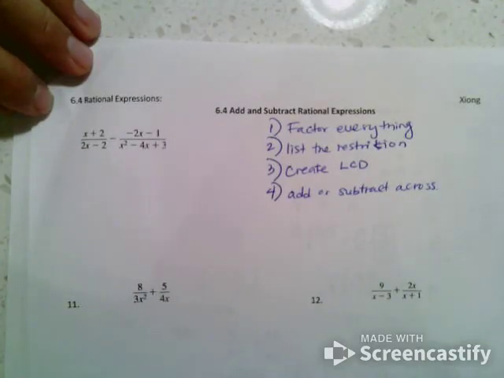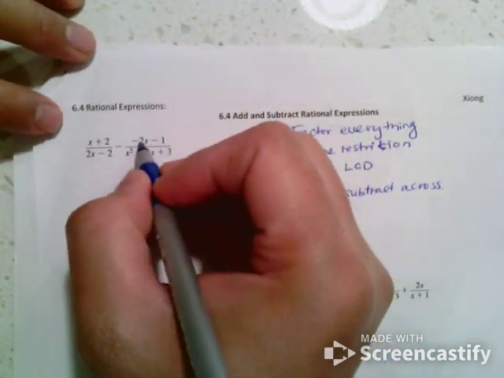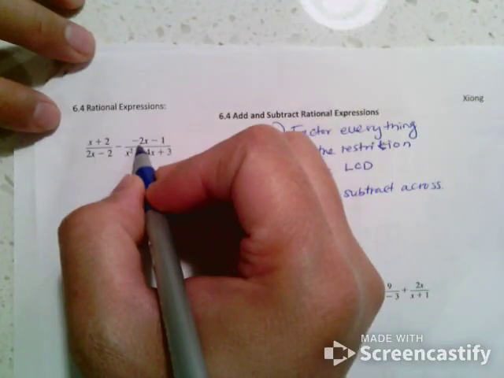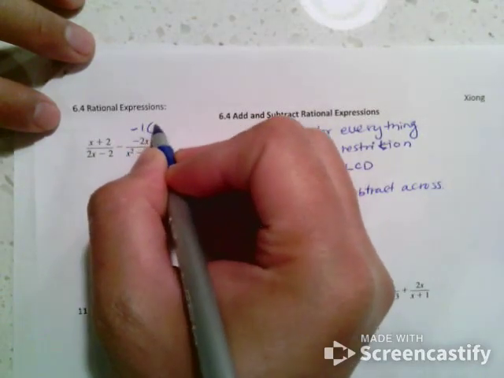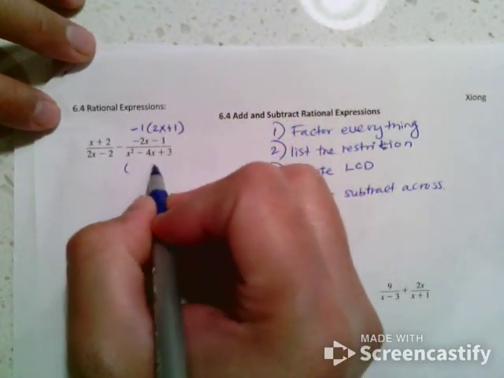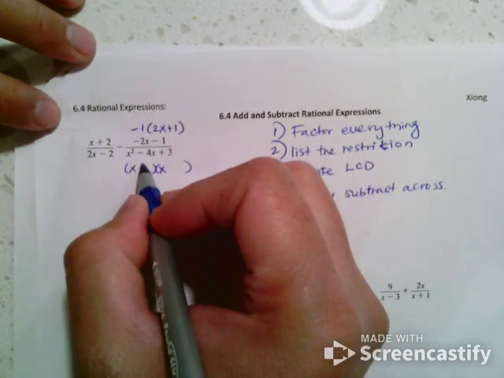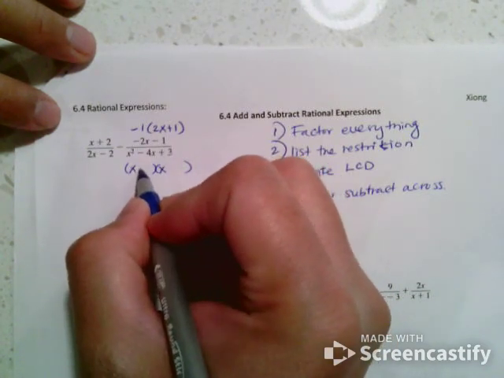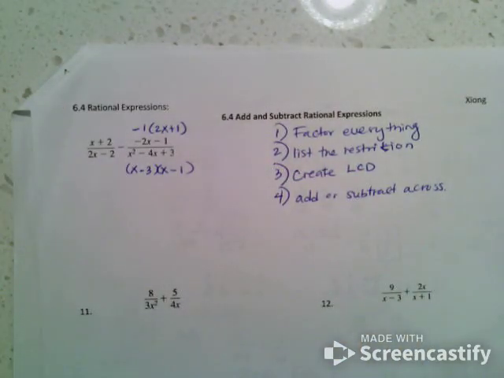So let's give that a try for this one. So first thing is factor everything. Already factored. This one we might try to factor out a -1. And then this one we're looking for two numbers that multiply to be 3 and add to be 4. So that one there.